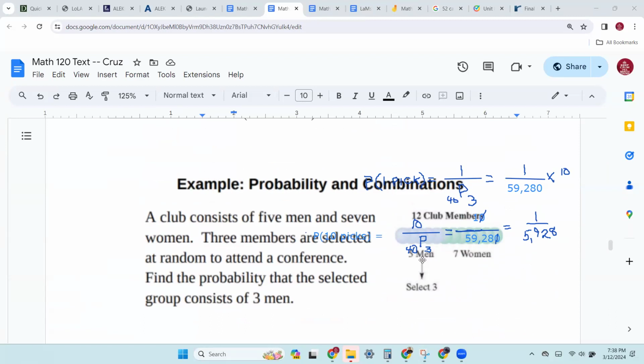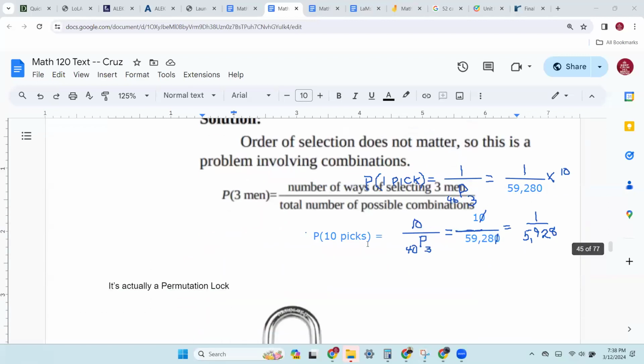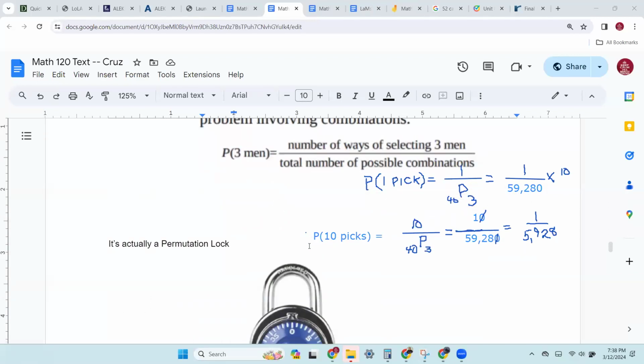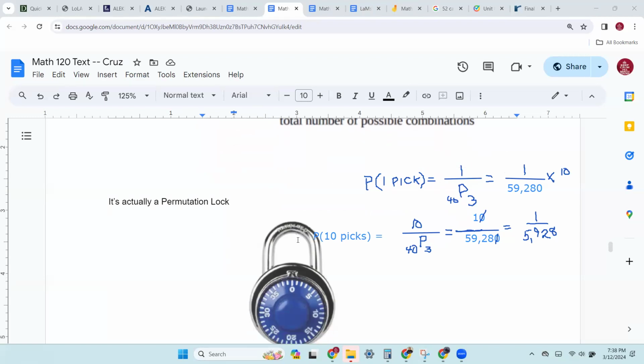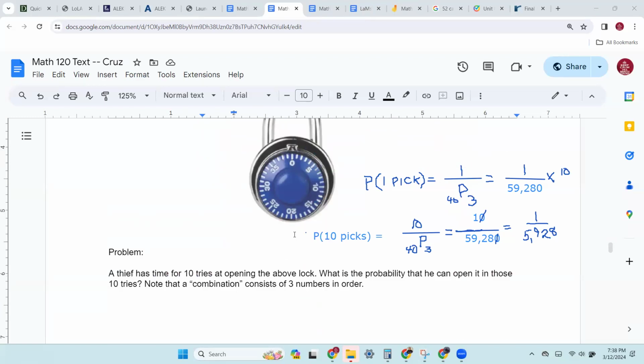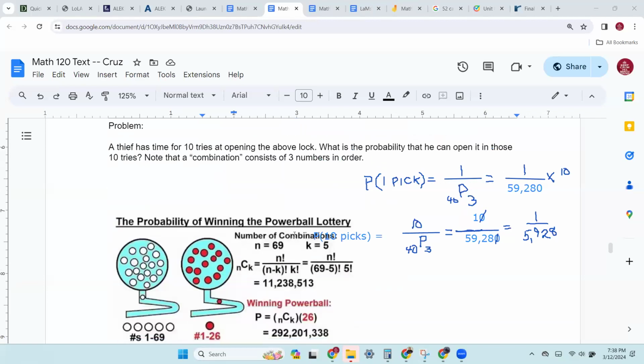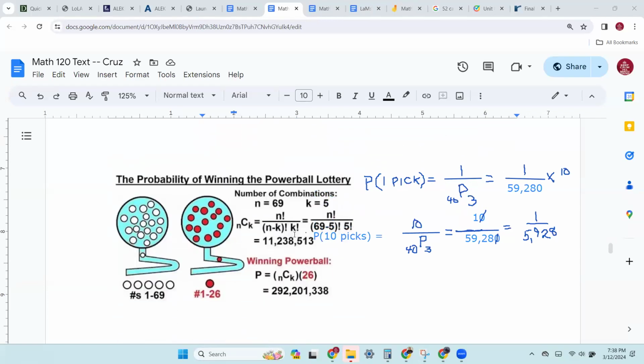And that was specific about what we wanted to have, the 3 men. This one is a little bit simpler in a way because it's just saying what is the probability of 10 picks? Well, all that does is simply put a 10 up in the numerator. All right. Any questions?